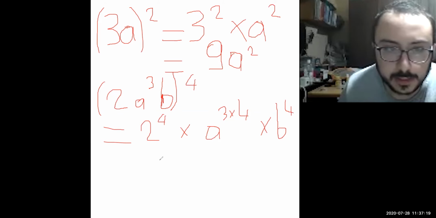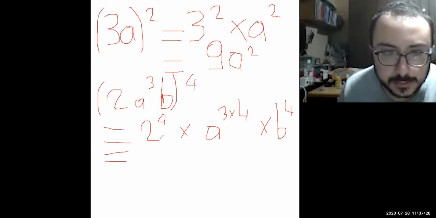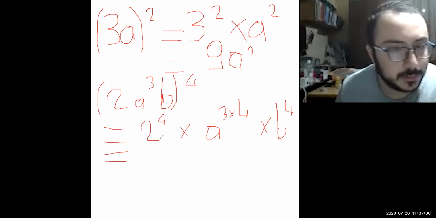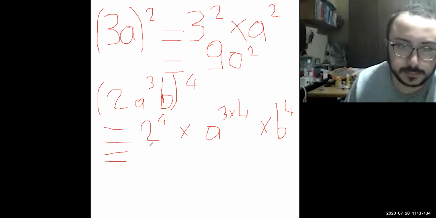Okay, so now you calculate each term alone. 2 power 4 is 16.